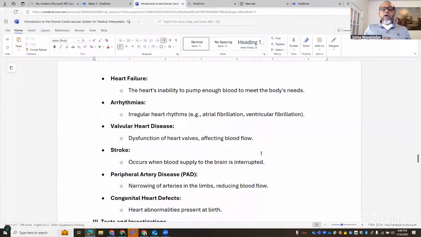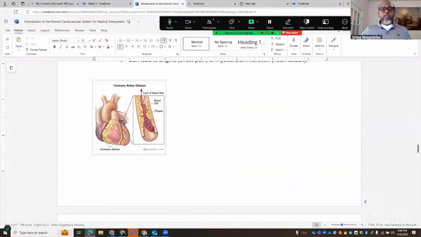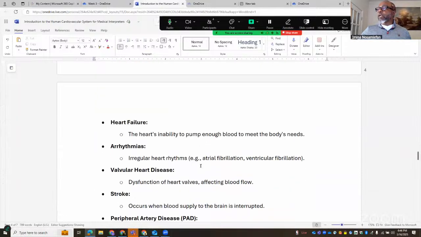Or if a plaque like this forms in a vessel in the head and becomes blocked, that is the other type of stroke. Maybe I think occlusive stroke. Let me check that name. Occlusive.